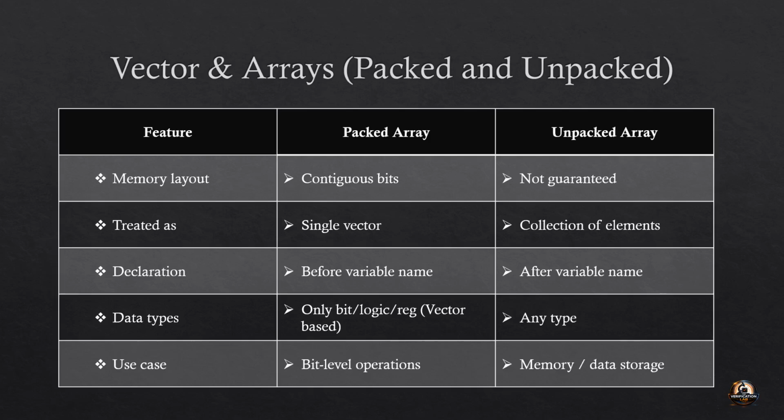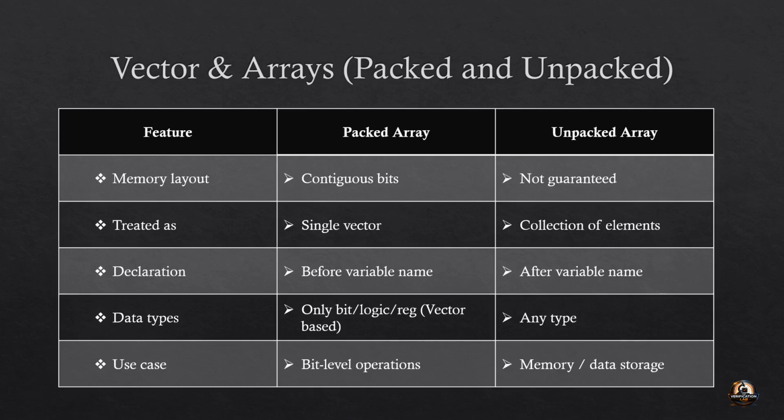Imagine a bus line of 32 bits. All bits are continuous, stored together, treated as one unit. This is a packed array. So we can say the memory layout is continuous, treated as a single vector, the declaration is before the variable name, and the data type is only vector based.